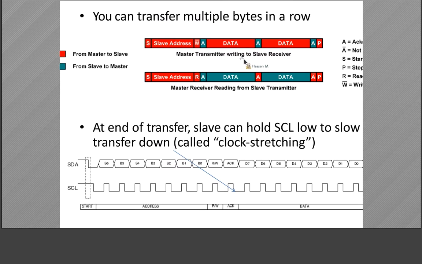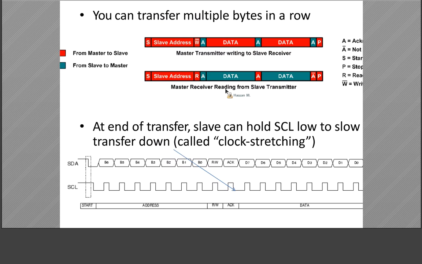That's right. Here, this timing is for reading from a slave. For both writing and reading, the master is starting, not the slave. Here you see red color, as master starts.